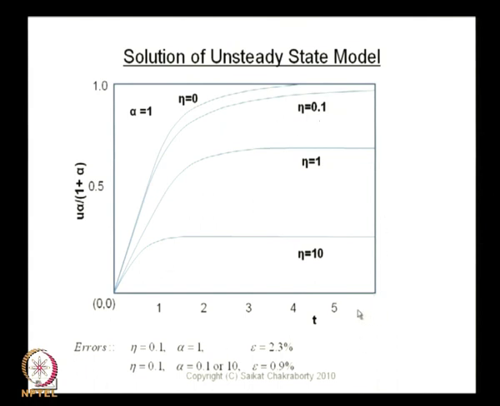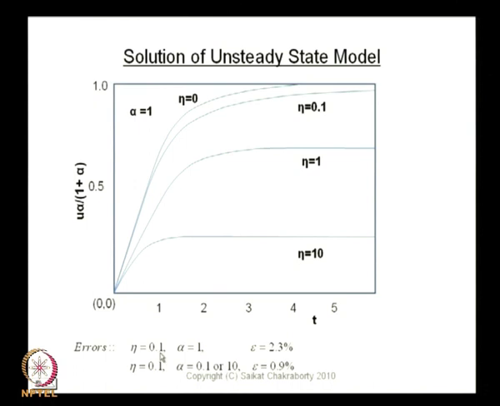So, this is the solution of the unsteady state model, and what I have done over here is this is a case for eta equals 0, which means simple linear kinetics, and these are the deviations from that. As you see, as you keep increasing eta, the deviation keeps increasing more and more, and also the deviations depend on alpha 2.